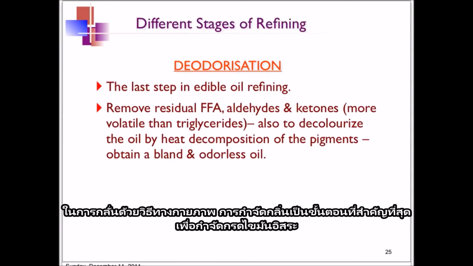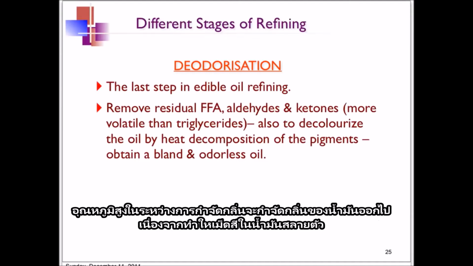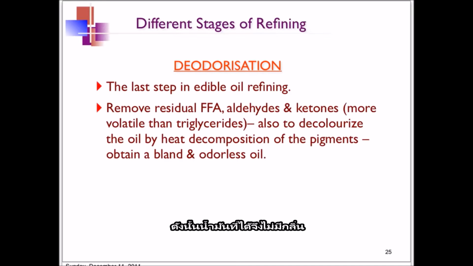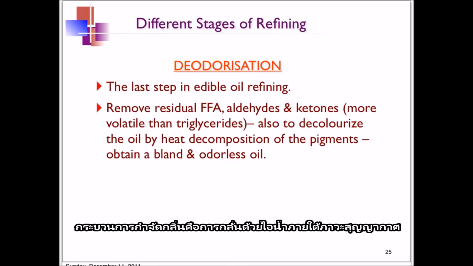In physical refining, deodorization is the most important step to remove the free fatty acid. The high temperature during deodorization would also decolorize the oil because it will decompose the pigments in the oil. So the final deodorized oil will be bland and odorless.